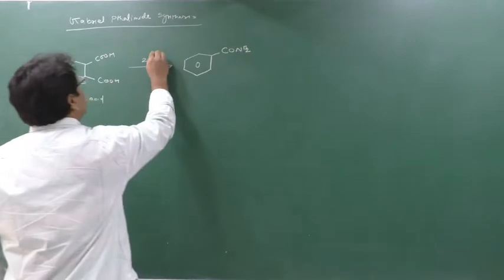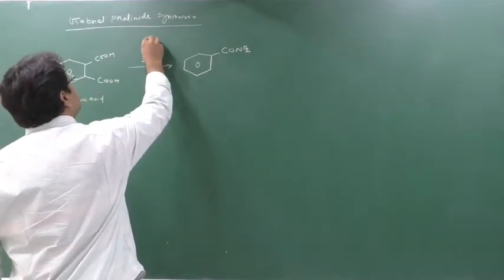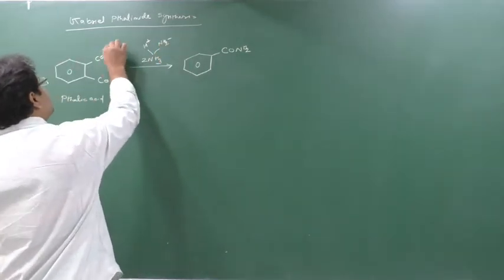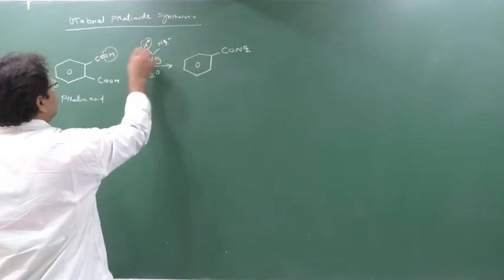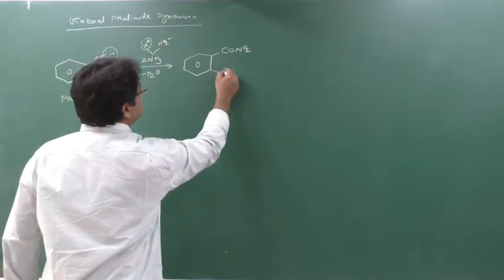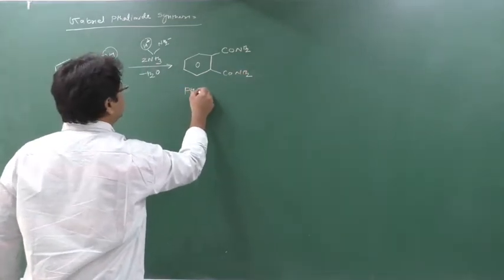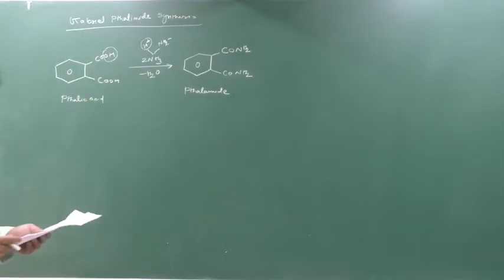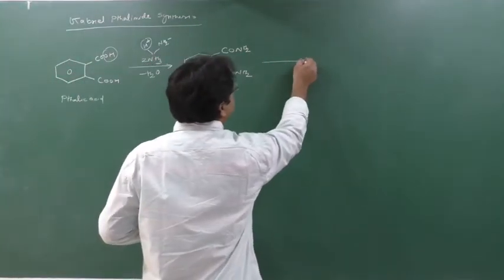CONH2, because out of this, N has H plus and NH2 minus. So this OH and this H plus will go as water, and this NH2 will attach here at CO. So here also CO NH2. This is phthalamide. This phthalamide is heated strongly.